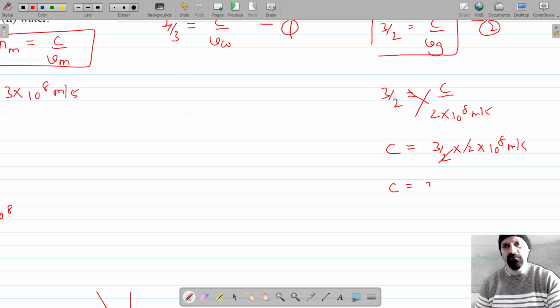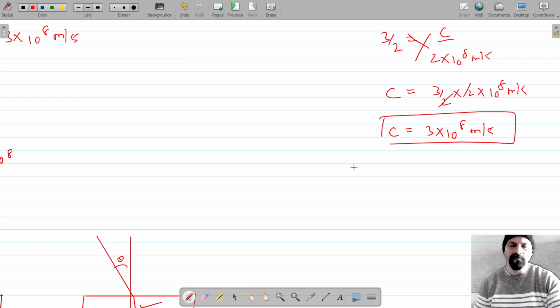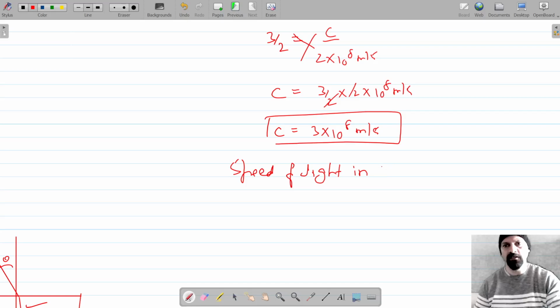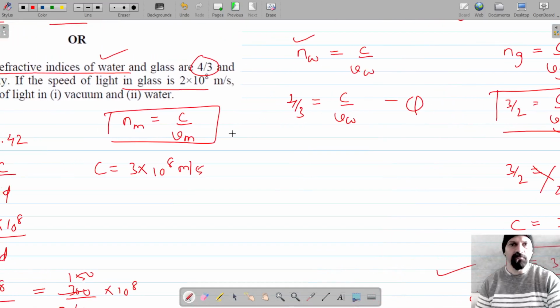So speed of light in vacuum is 3 into 10 raised power 8 meter per second. So we can write here speed of light in vacuum, which is also the speed of light in air. So speed of light in vacuum, which we denote by C, is 3 into 10 raised power 8 meter per second.